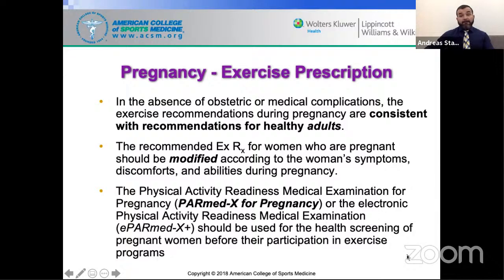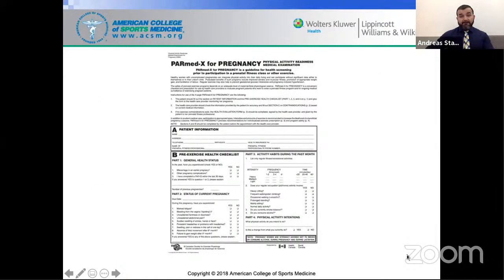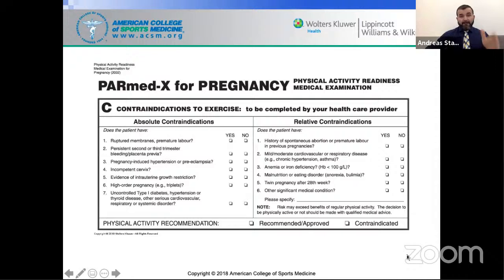We've talked about PARmed-X for pregnancy, which is this, right? And if we go closer, you see absolute and relative contraindications. You see absolute, again, things that we already covered.